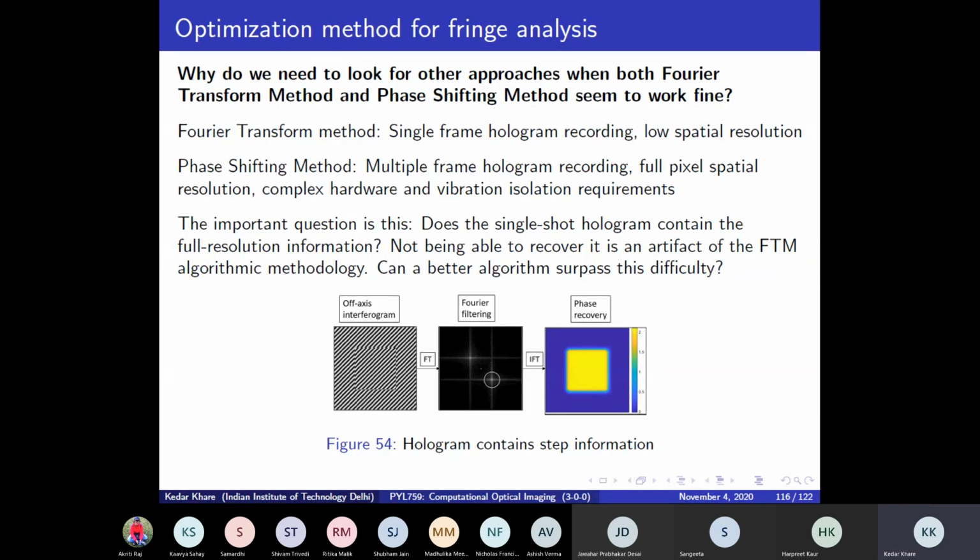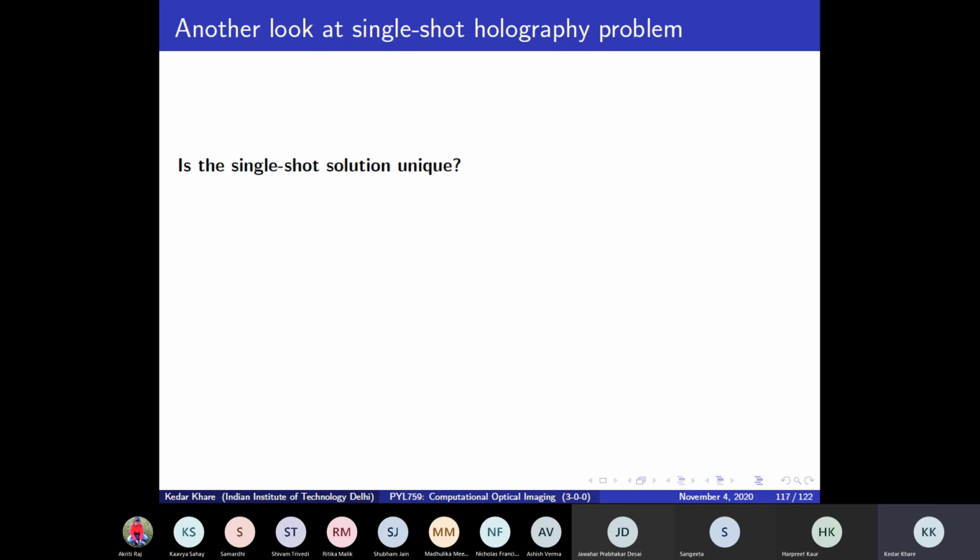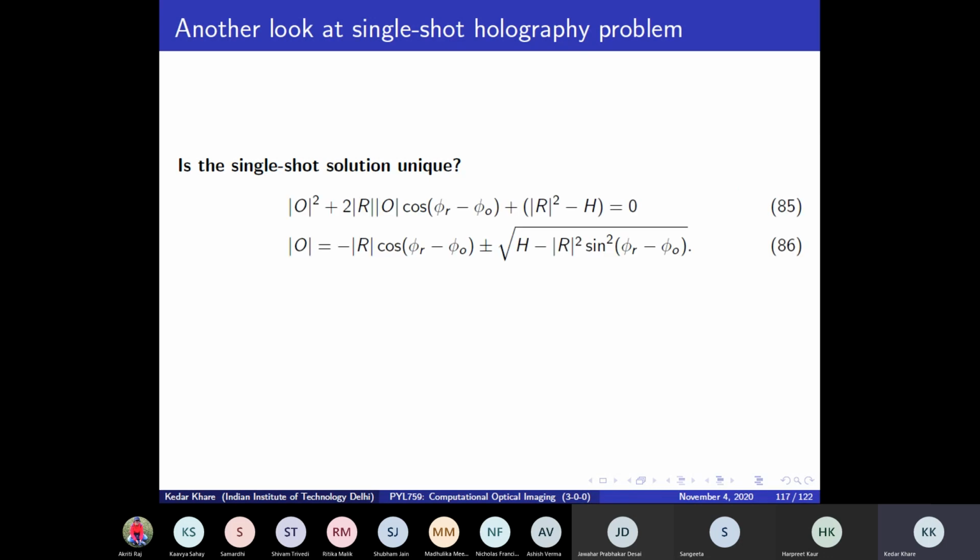Okay. So let us look at this problem a little bit differently. Single shot problem, meaning we don't think of the hologram interference pattern this way, but let us look at this question: is the single shot solution even unique? So what I'm going to do is write the interference equation slightly differently.